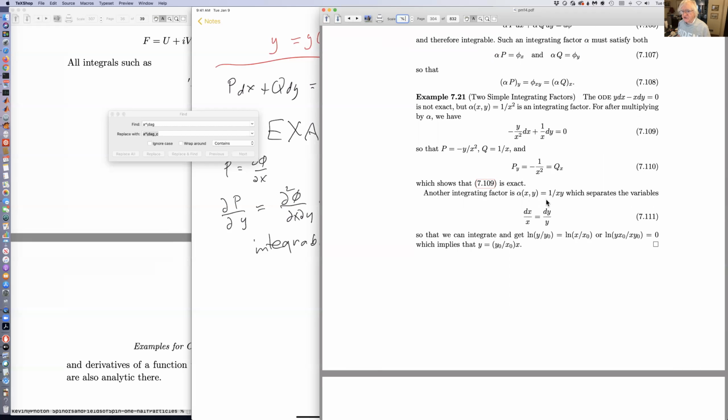Another integrating factor is 1 over xy, and then you get dx over x equals dy over y, and there it's exact because alpha p is a function of x, alpha q is a function of y, so p sub y equals 0 equals q sub x.